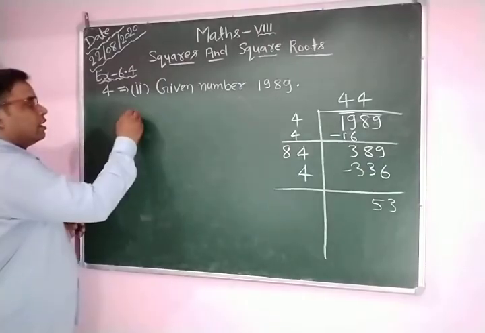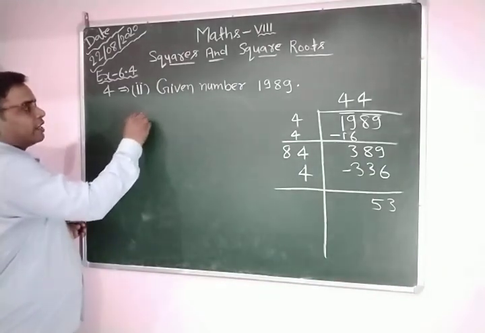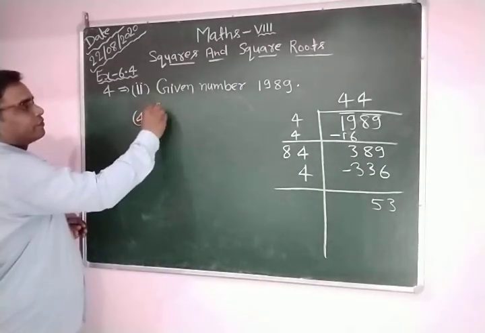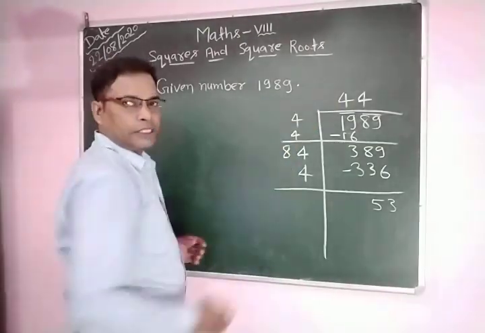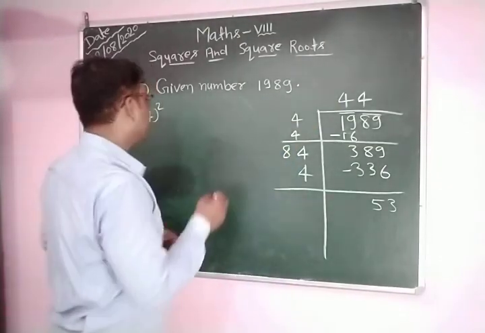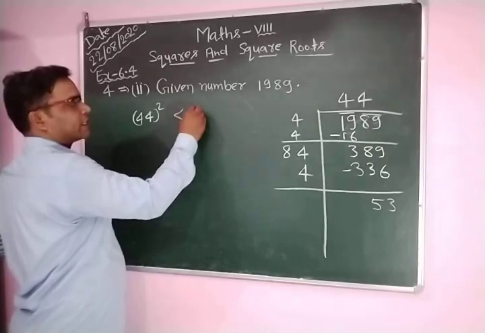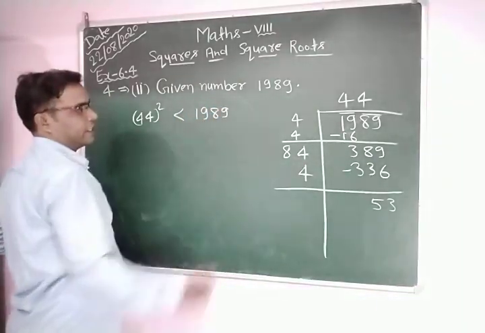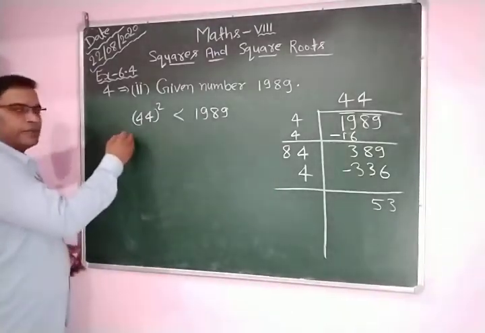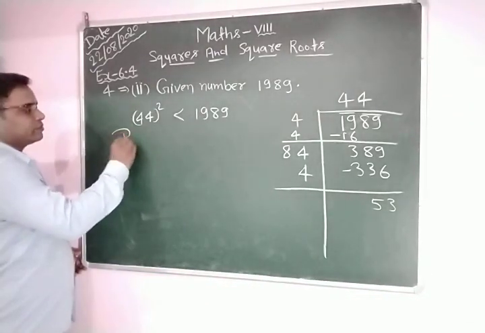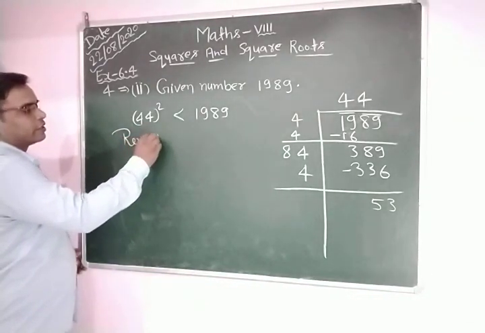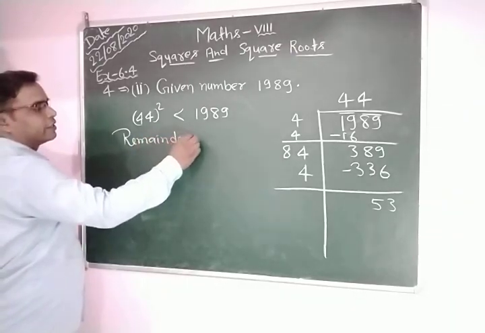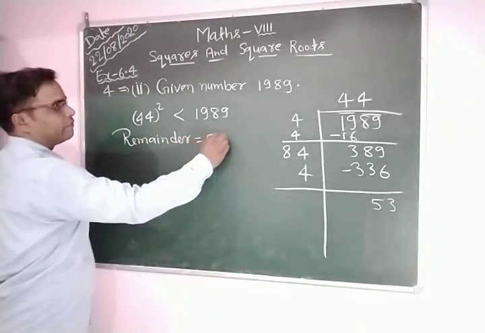Okay, so here you can see the square of 44. This is our quotient. It means that the square of 44 is less than the given number 1989. Okay, and here the remainder is given. Remainder is equal to 53.